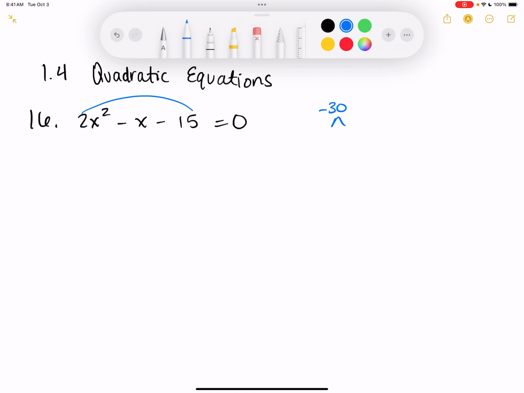Six and 5, so 5 is going to be positive and 6 is going to be negative.